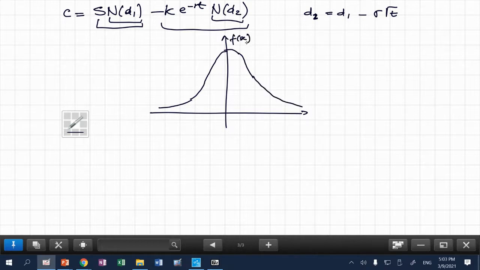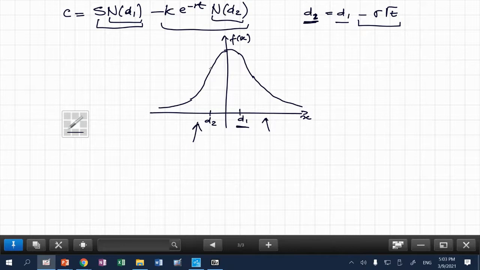If this is the density function of the standard normal, since d2 is d1 minus something, it means that d1 is on the right relative to d2. In this case, I'm picking them as symmetric relative to the 0. Of course, this is not necessarily to be taken for granted. This is not absolutely the normal case. But what I'm saying is that d2 cannot be here. d2 has to be on the left-hand side relative to d1, okay?